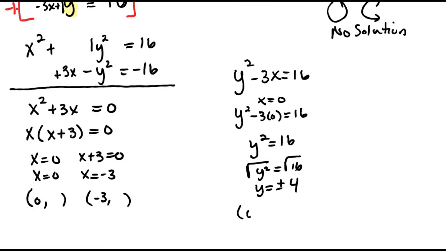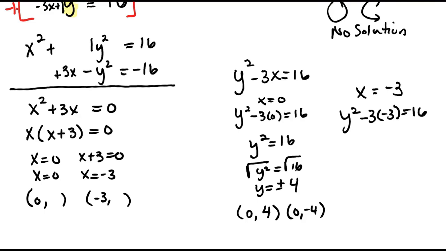So my x was 0 and I got a y of plus and minus 4. So that gives me two ordered pairs. Let's do the same thing with x equals negative 3. That's y squared minus 3 times negative 3 equals 16. Y squared plus 9 equals 16.